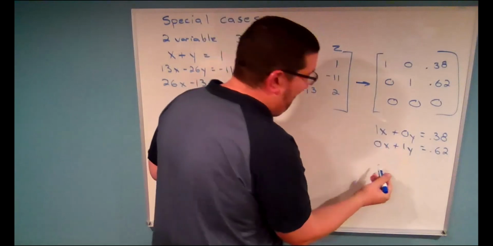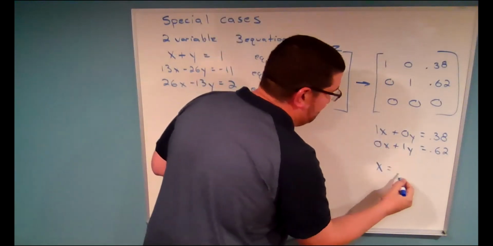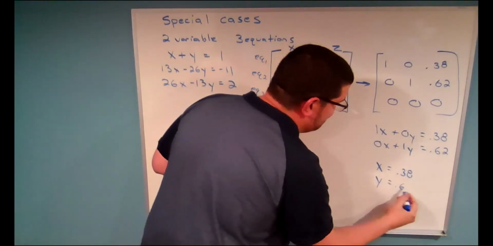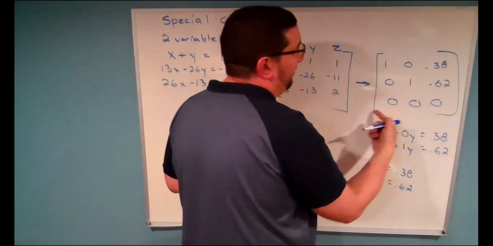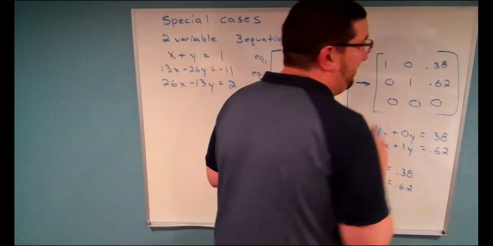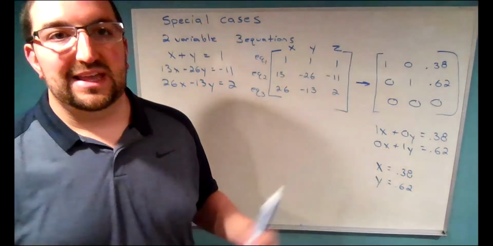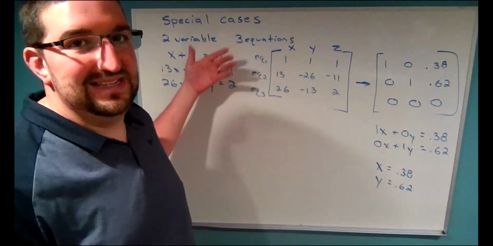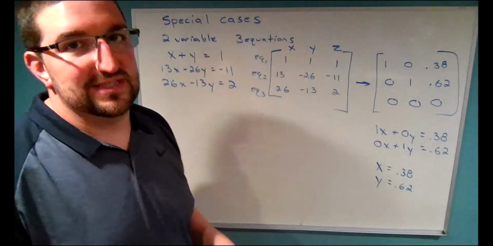So we have that x isolated to 0.38 and that y isolated to 0.62. That bottom row, because there wasn't a variable to represent that bottom row, doesn't matter. So we have to take into account if we have a different number of equations than variables.